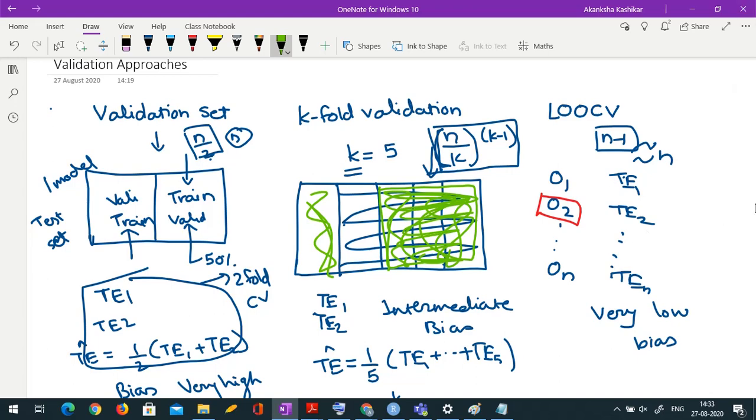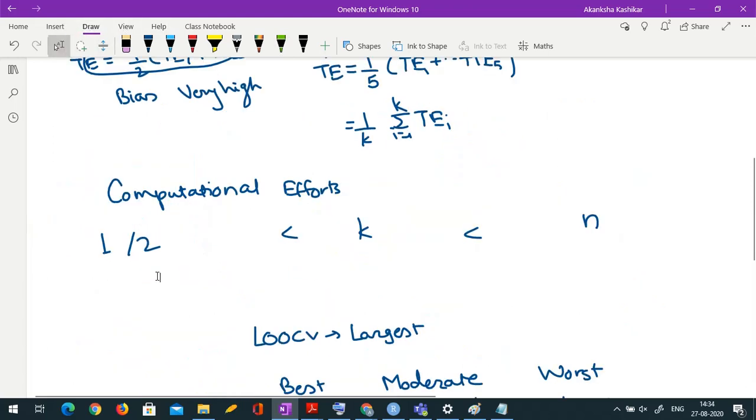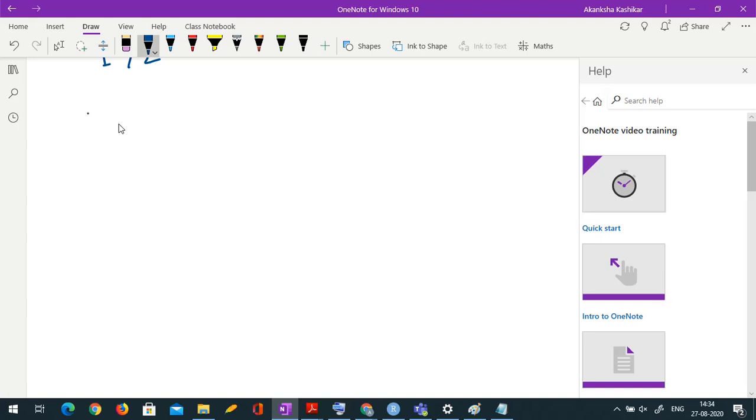Okay, how does that affect us? Let us try to see how it affects us. So we have to talk in terms of variance. Now, as I said, in validation set I have at most one or two estimates of test error. Even when I have two estimates of test error, the training sets are disjoint.